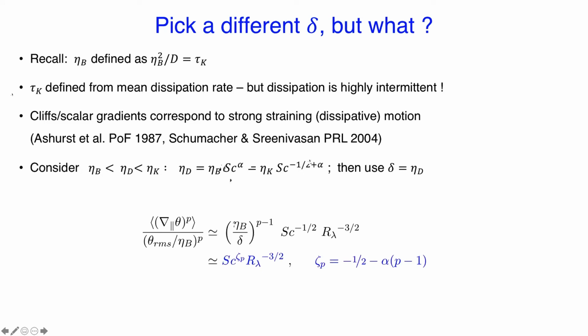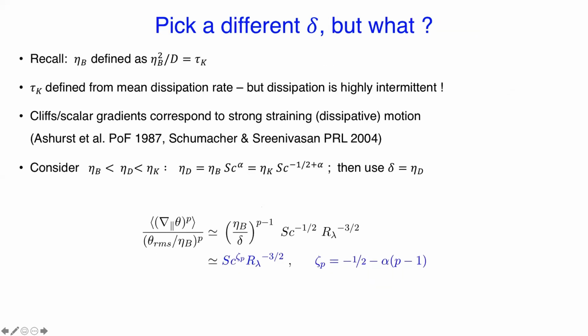And in the earlier expression, if we now use delta equal to this eta d instead of eta b, we end up with this expression where we have Schmidt number to the power zeta p, where zeta p has the minus half scaling that we saw earlier, and on top of that it has some additional factor which depends on the order of the moment, and also this alpha.